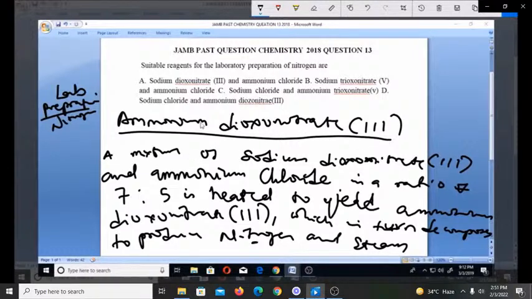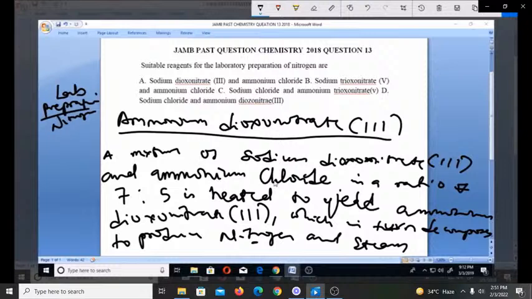But how does this ammonium dioxonitrate 3 come to be? By having a mixture of sodium dioxonitrate 3 and ammonium chloride. That's how you produce this. So once you have a mixture of sodium dioxonitrate 3 and ammonium chloride, you produce ammonium dioxonitrate 3, which can easily decompose on heating to produce nitrogen.